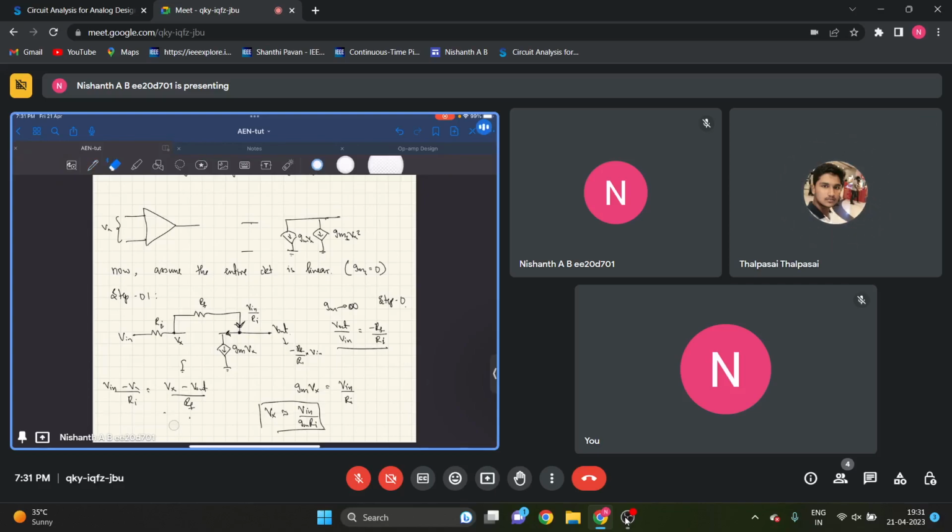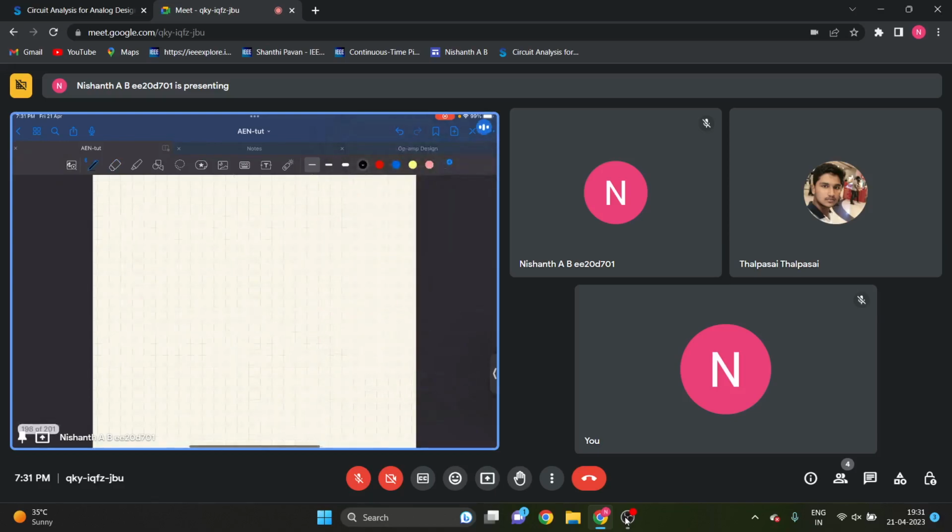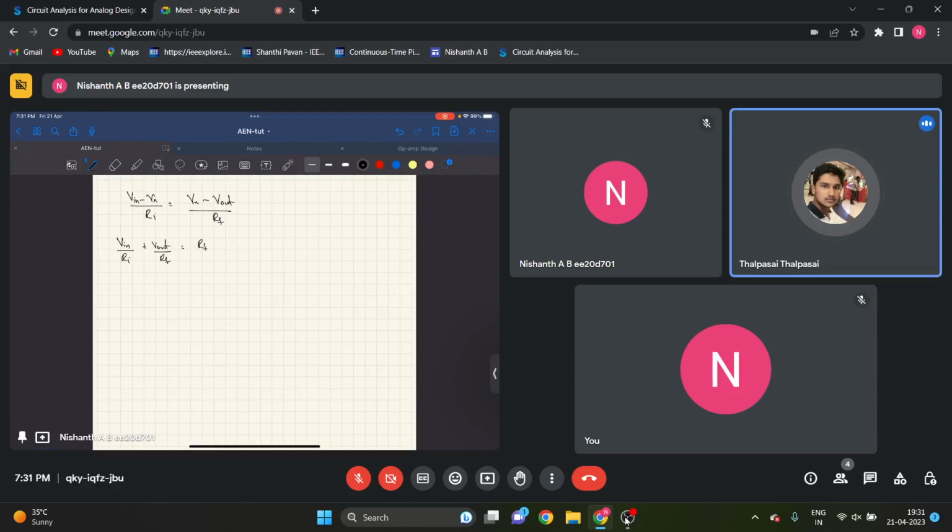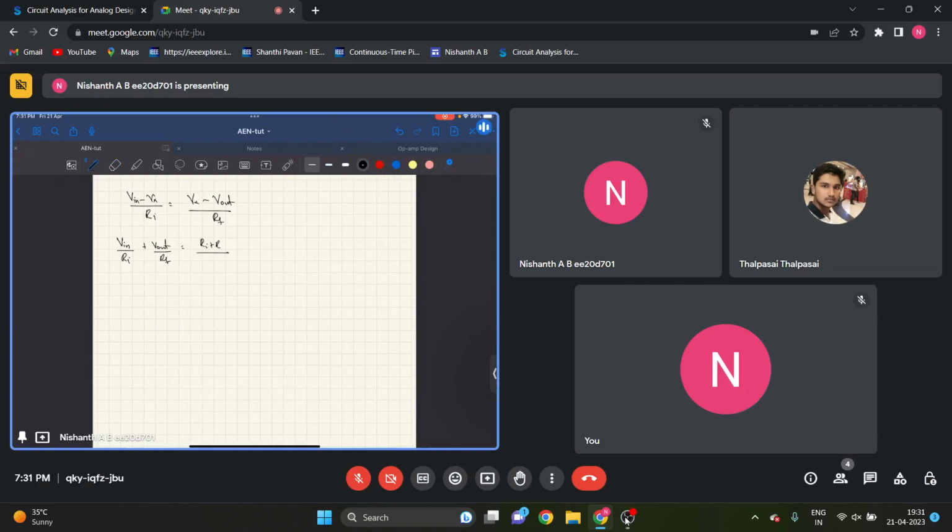Let's write it cleanly, for others' perspective. Vin minus Vx by Ri equal to Vx minus Vout by Rf, correct? Yes, sir. So Vin by Ri plus Vout by Rf is equal to Vx times common 1 by Ri plus 1 by Rf, that is Ri plus Rf by Ri Rf. What is Vx?